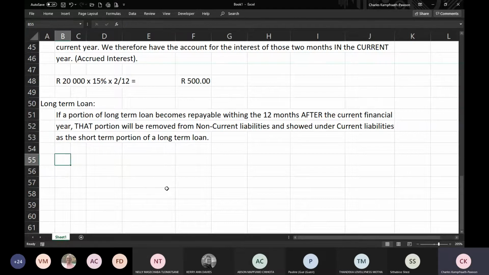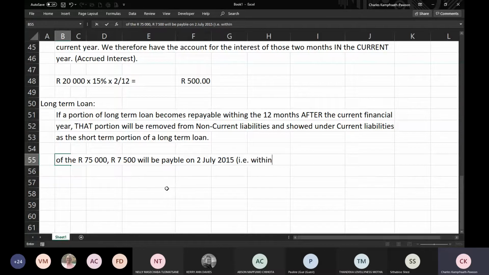So of the 75,000 Rand, 7,500 will be payable on 2 July 2015.